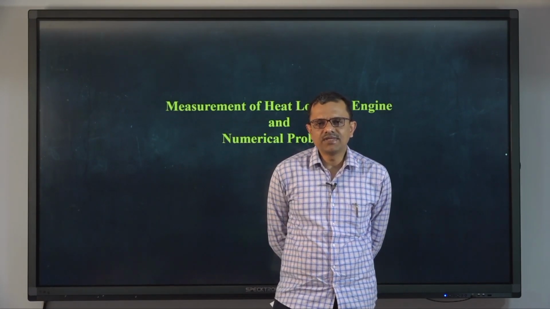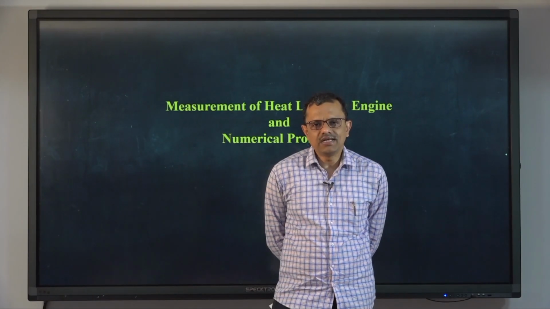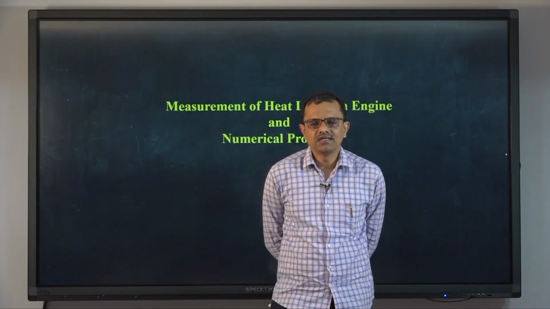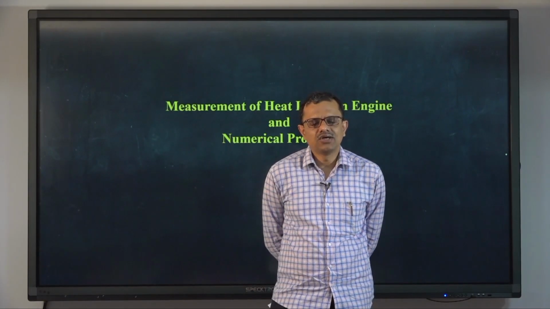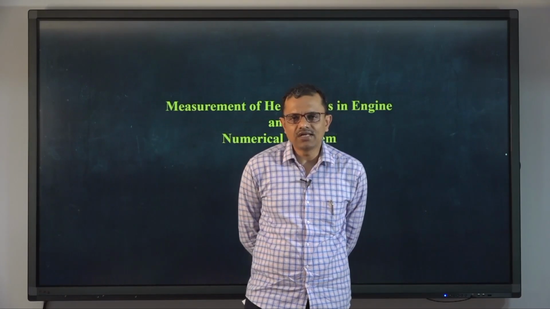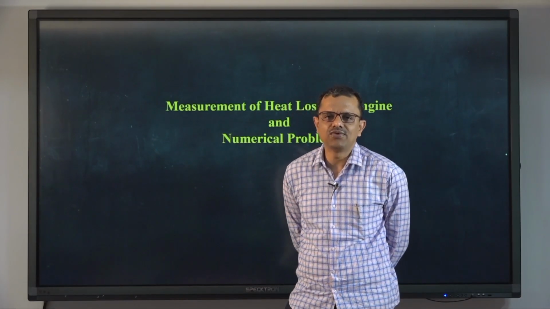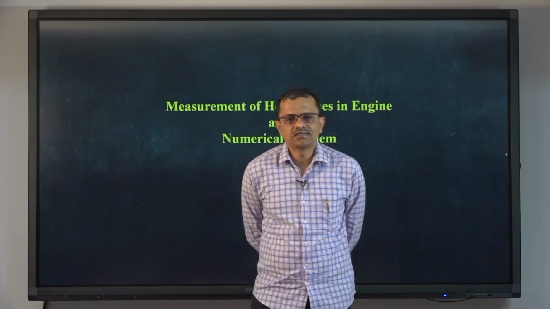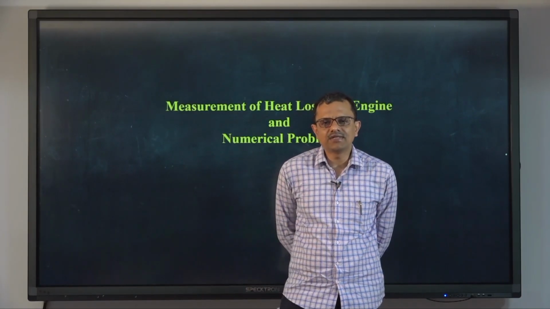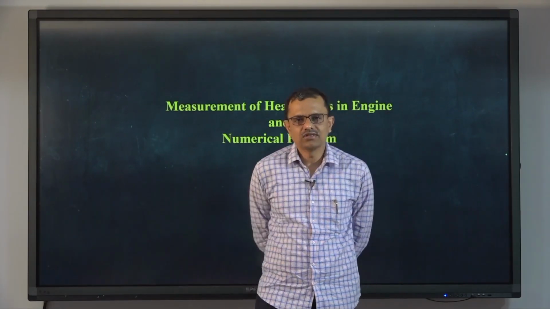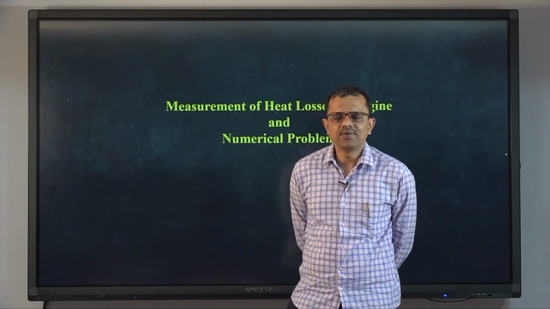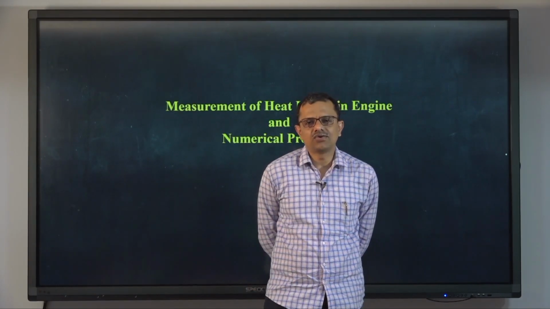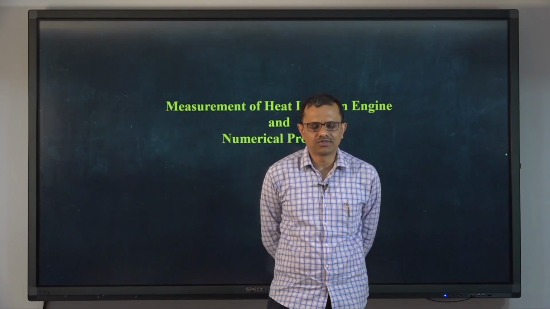Now, at the cost of that input energy, we get some power output at the output shaft of the engine, and we had seen in the last class that only 30% of the total energy which is supplied to the engine in the form of fuel is available at the shaft as useful work, while the remaining 70% of the total energy is either lost to the ambience or some part of the energy is used to run several auxiliary systems to overcome parasitic loads.